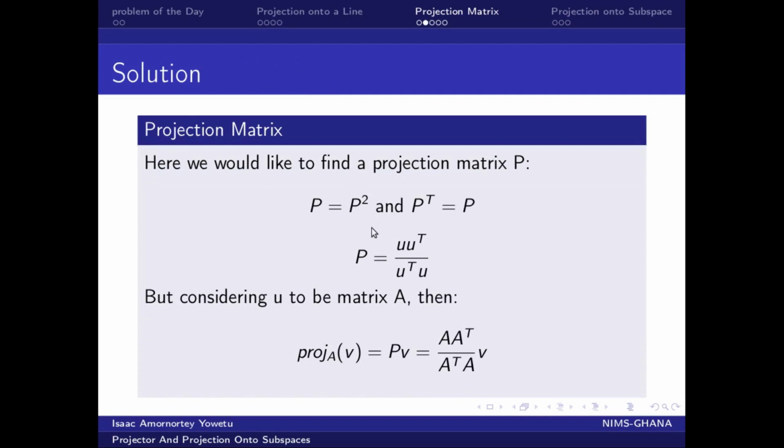We still want to find a matrix P such that P is equal to P squared and the transpose is equal to the matrix itself. We consider our U to be the matrix A, and eventually we get the projection of V onto A to be the whole of this.